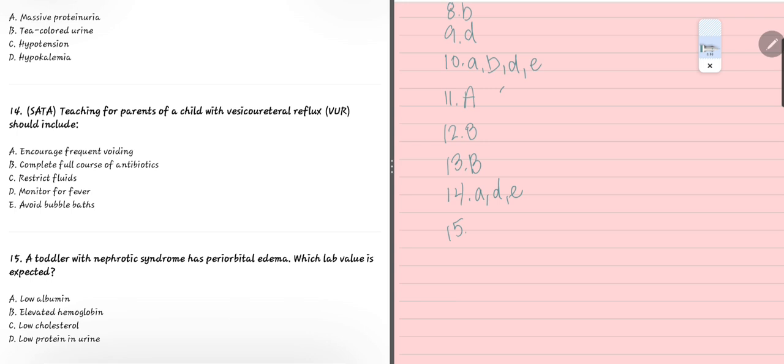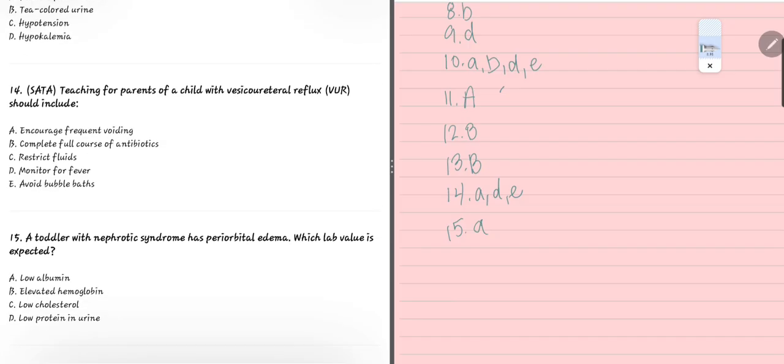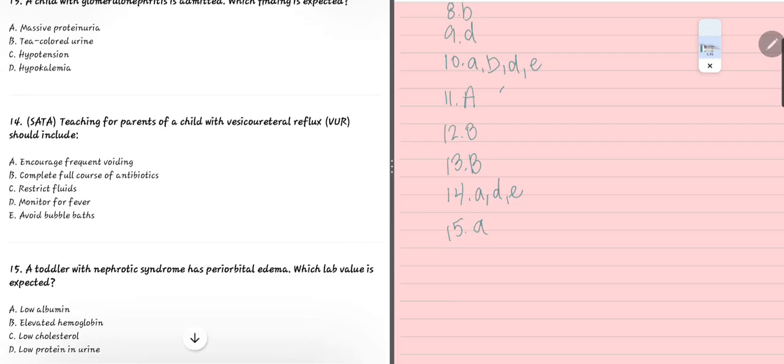I would go with A. I chose A just because I know that nephrotic syndrome has something to do with albumin.